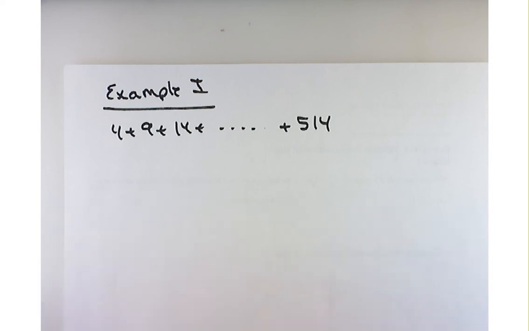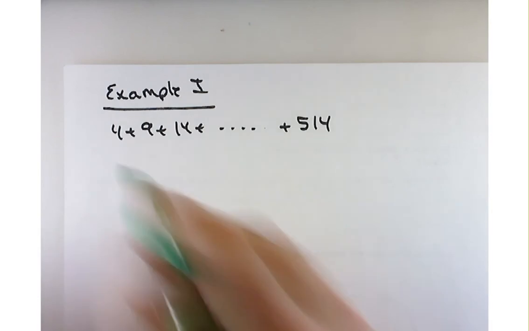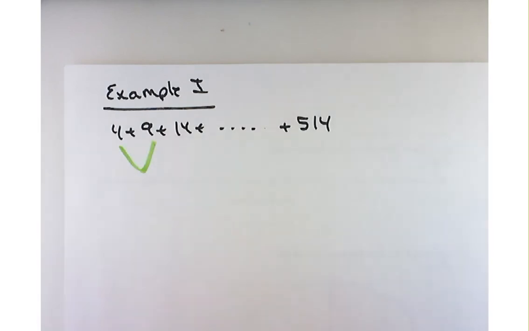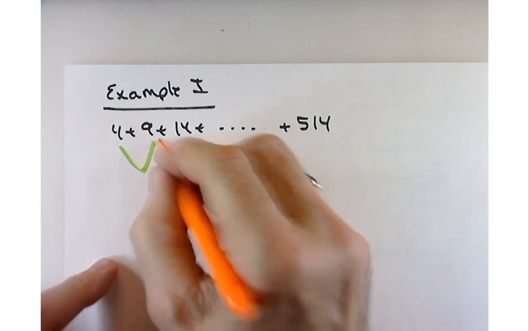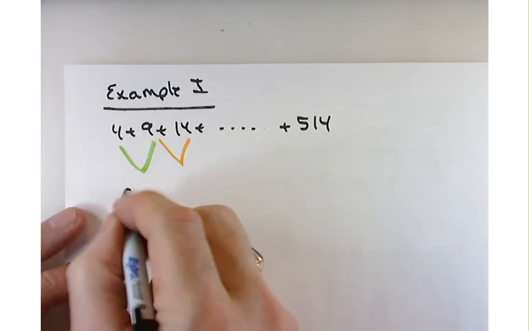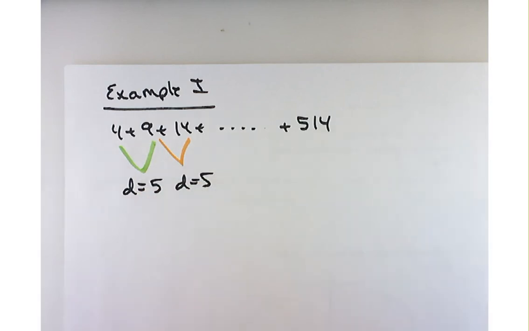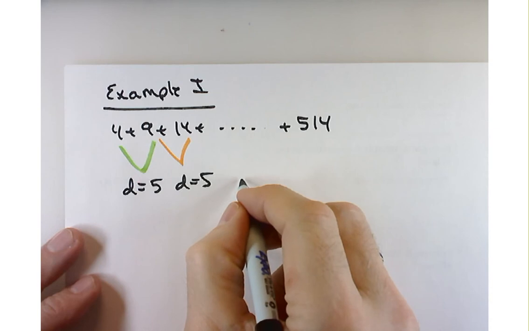Now, if you check this, then what can you tell me about this sequence? Plus 5. d equals 5 in both cases. So, Julian, what kind of a sequence is this? Arithmetic. Good.